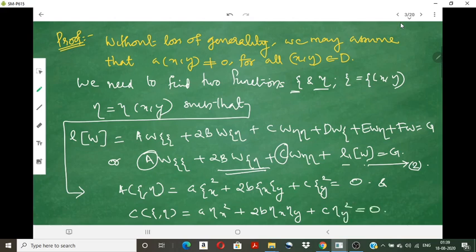So we need to find such a transformation in which both A and C are 0.